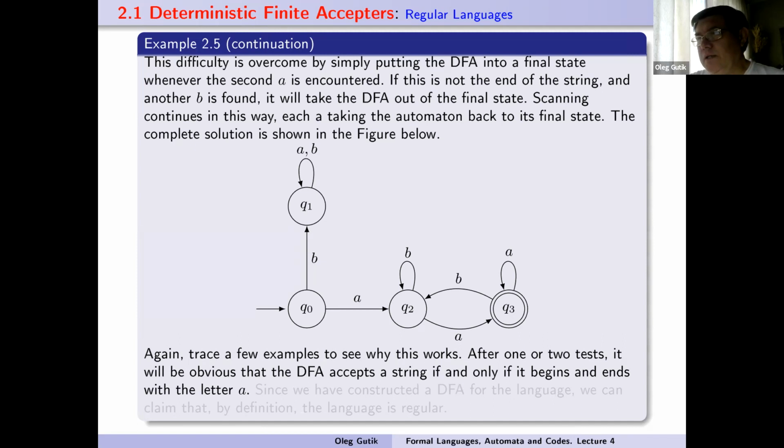After one or two tests, it will be revealed that the deterministic finite acceptor accepts a string if and only if it begins and ends with the letter A. Since we have constructed a deterministic finite acceptor for the language, we can claim that by definition the language is regular.